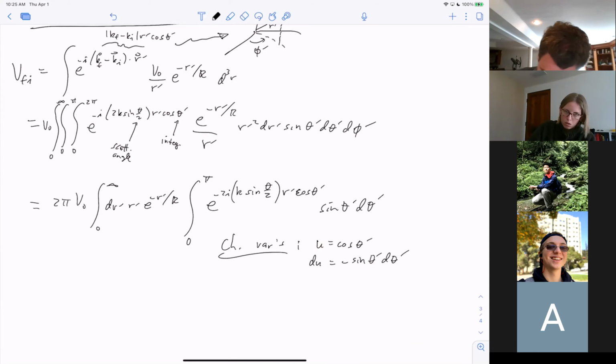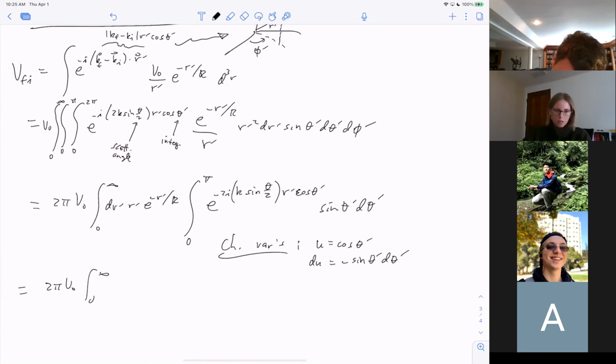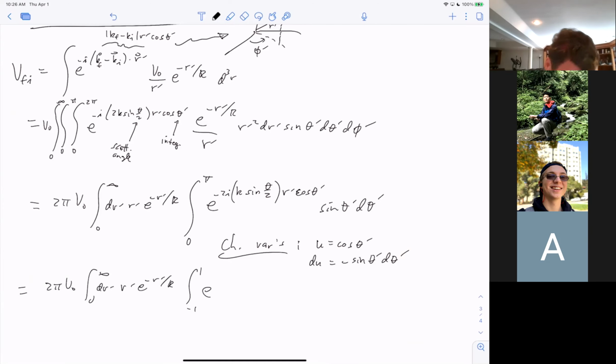And now you can see that everything becomes simple, because now this integral becomes 2 pi v naught, 0 to infinity dr prime r prime e to the negative r prime over r, times negative 1 to 1 e to the negative 2ik sine theta over 2 times r prime u du.